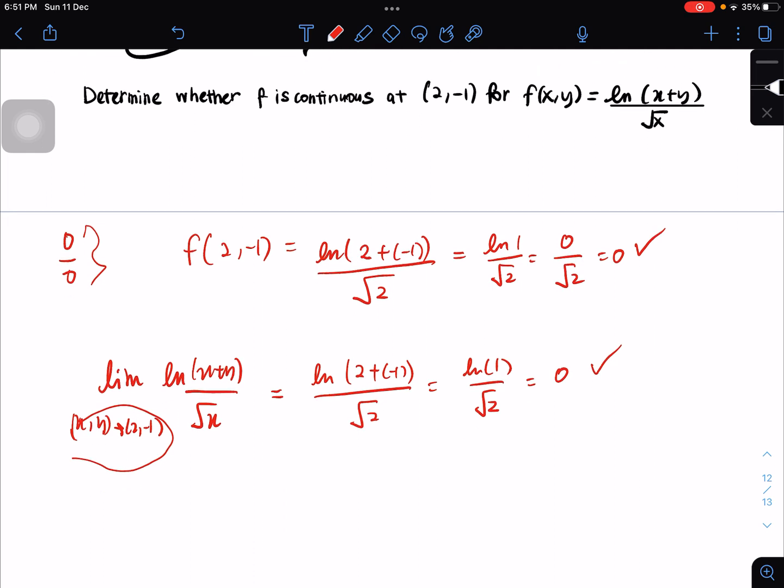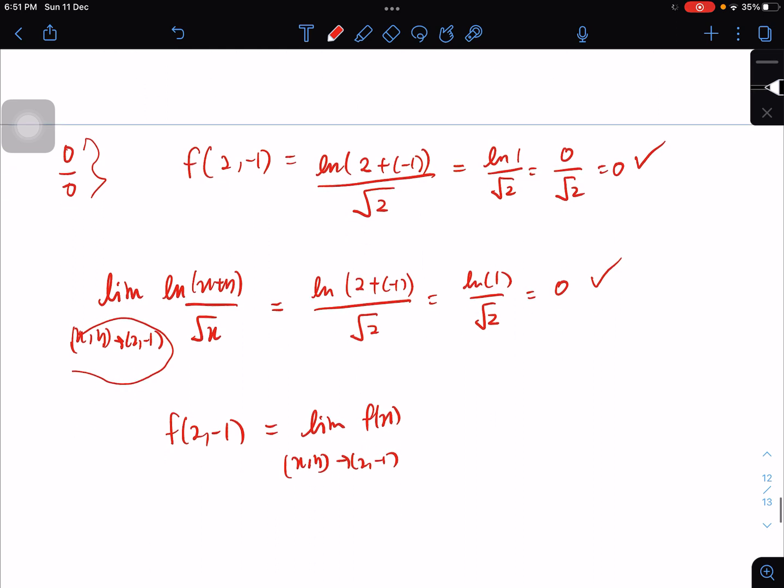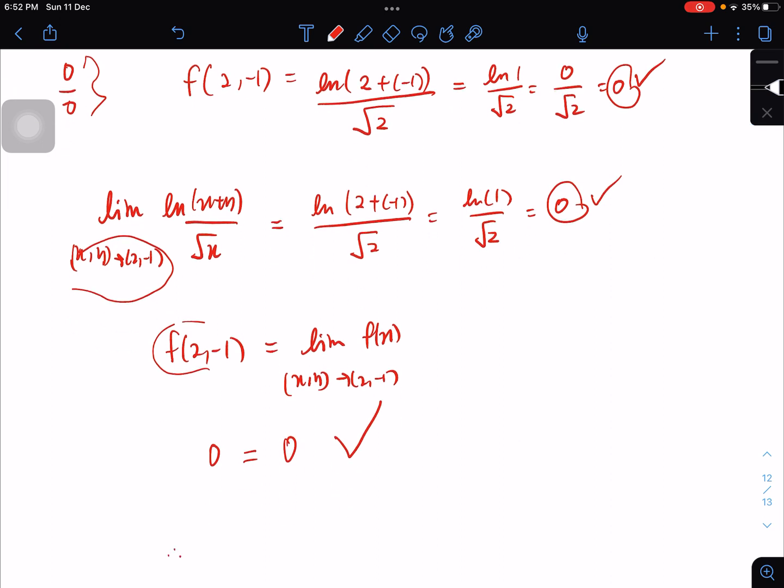The third condition said that your f(2, -1) need to be equal with the limit of the function when x, y approaching (2, -1). So your f(2, -1) is equal to 0, and your limit is equal to 0. So the third condition also fulfilled. Therefore, we can conclude that our function f(x,y) is continuous at (x,y) equal to (2, -1).